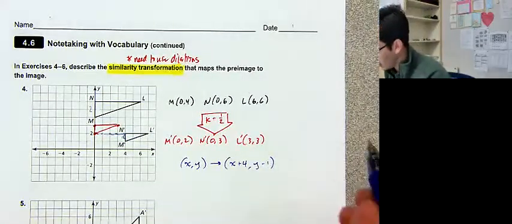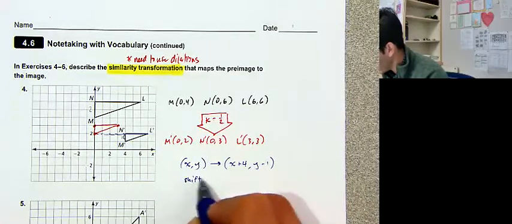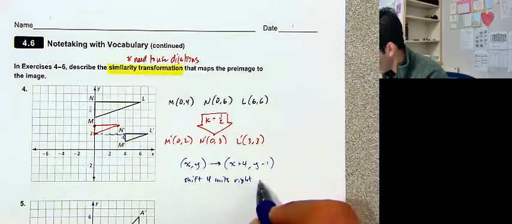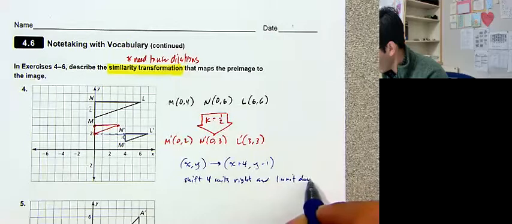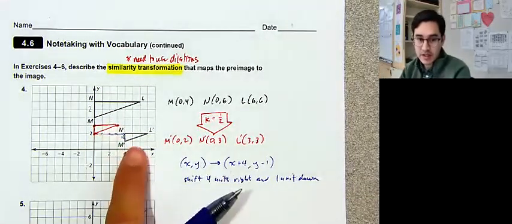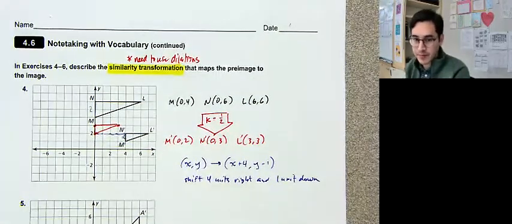Or we can just describe it in words: shift 4 units right and 1 unit down. And then we would get it to line up perfectly with this final image here.